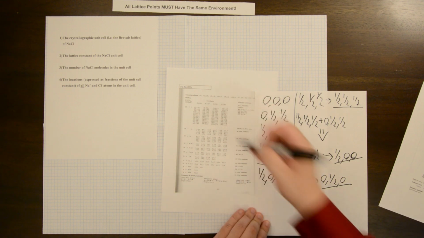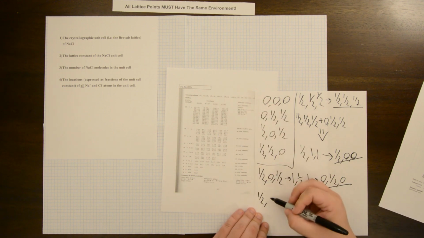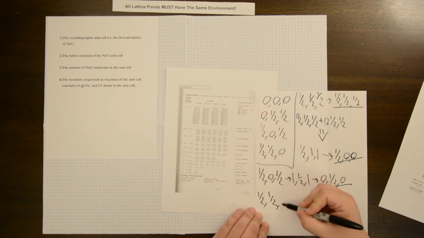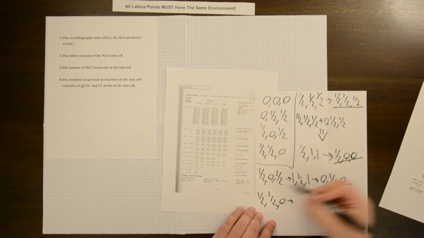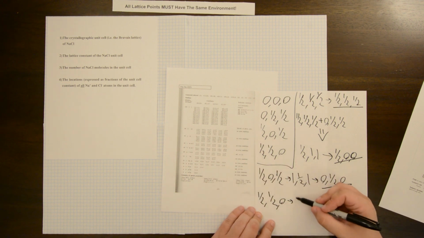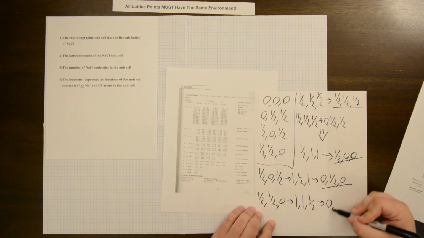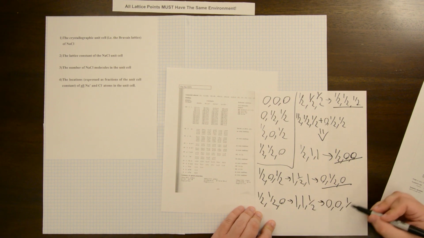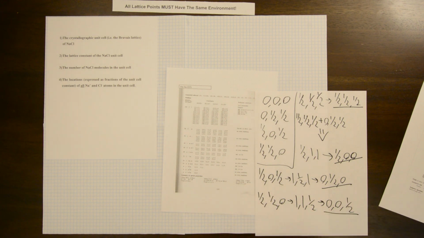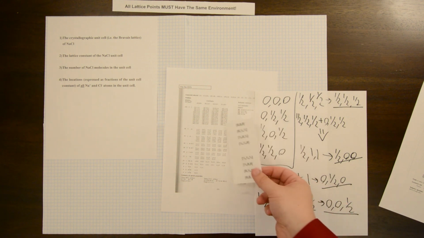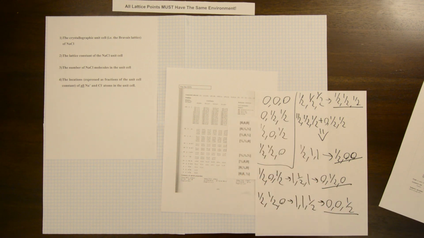And then finally, half, half, 0 goes to, apply half to all of them, 1, 1, half goes to 0, 0, half. And in total, that gets us our 8 final coordinates.